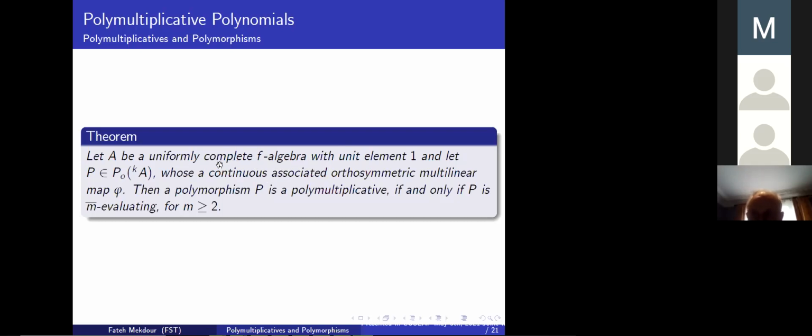That's the reason we use the uniformly complete F-algebra. But I think that F-algebras are not subalgebras of R^X.